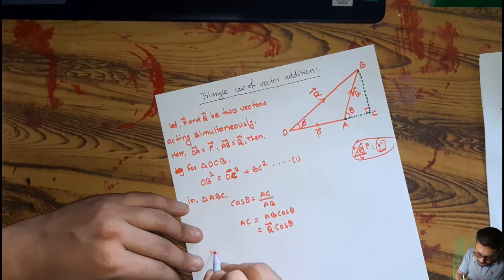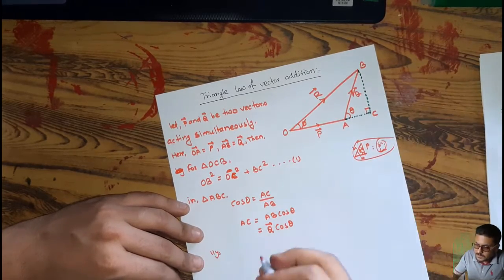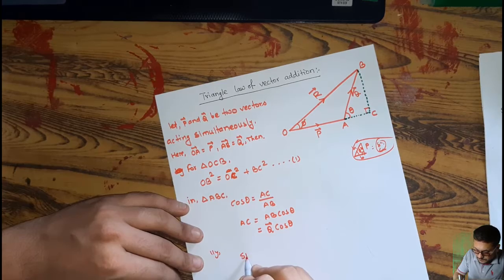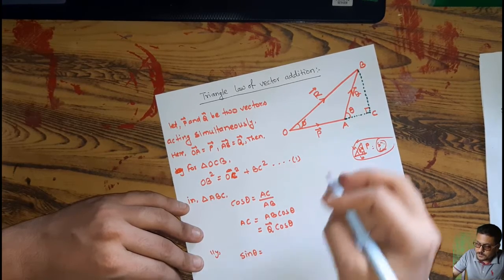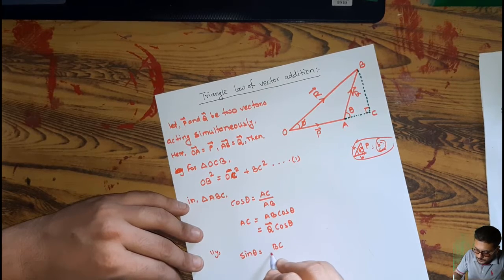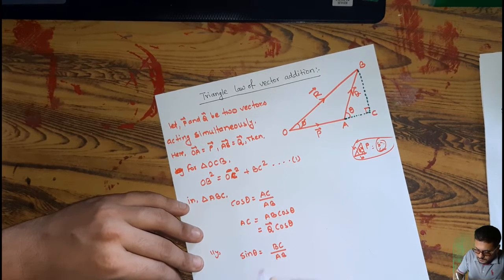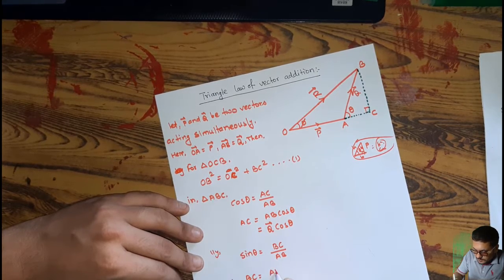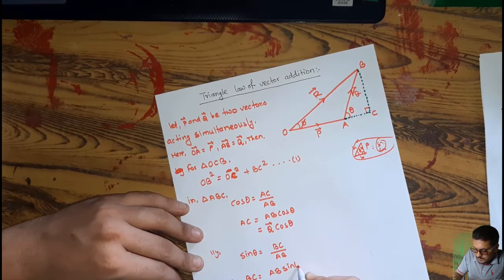Similarly, for the value of BC, sine theta is equal to BC upon AB, or BC is equal to AB sine theta.